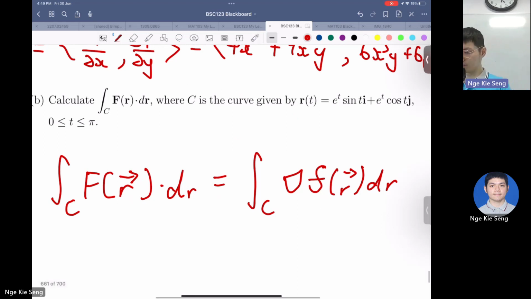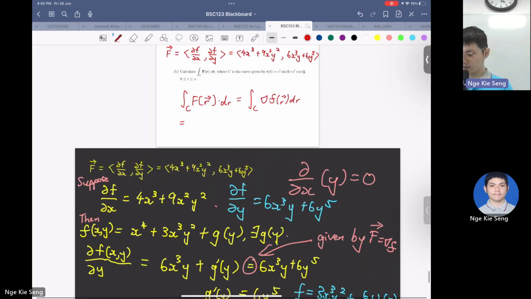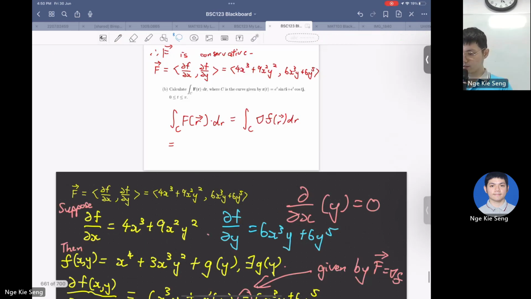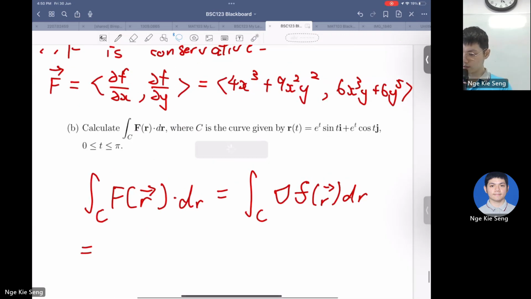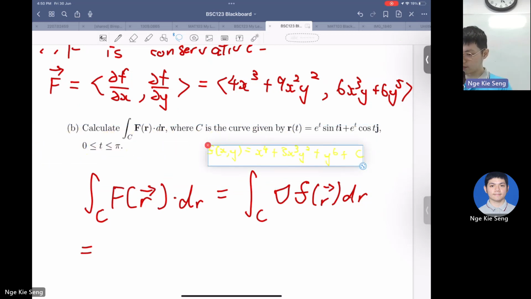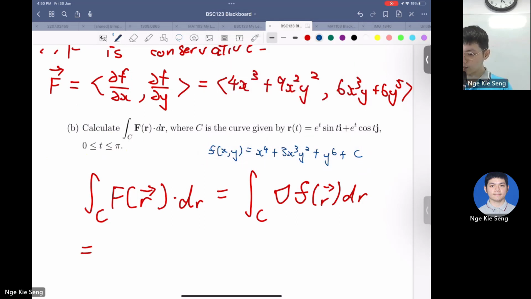So what's FTC here? So what's my f? Yeah, so my f is here. So let's get it out. F power 2. Okay. So the capital F in this case here is the gradient of the f here, which is the gradient of the function we found.